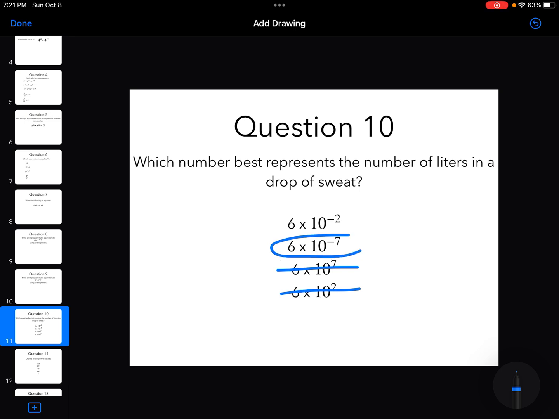So it's going to have to be really, really small if we're talking about the number of liters in a drop of sweat. Because you got to think a liter, you can get a liter of Coke. And then a drop of sweat is so small.